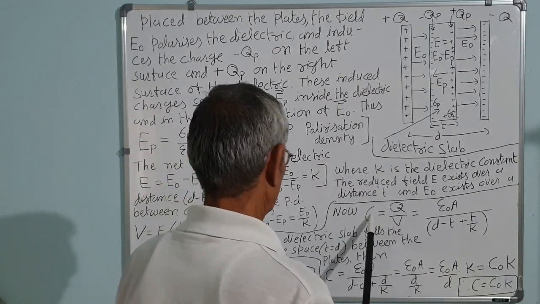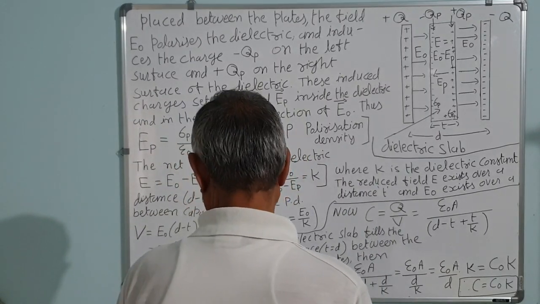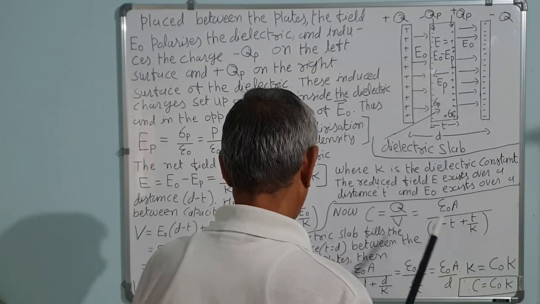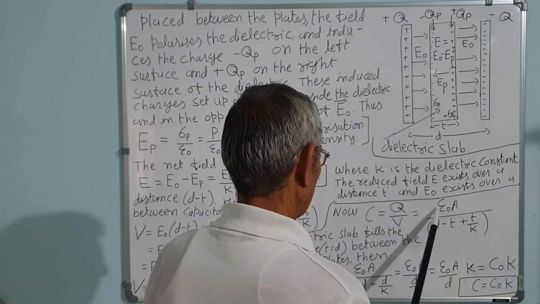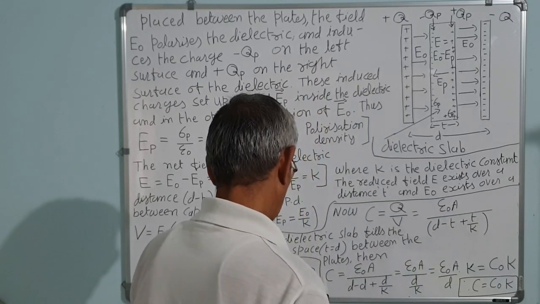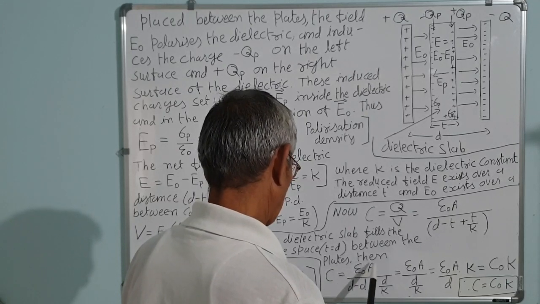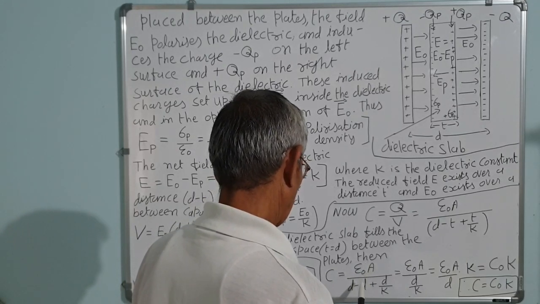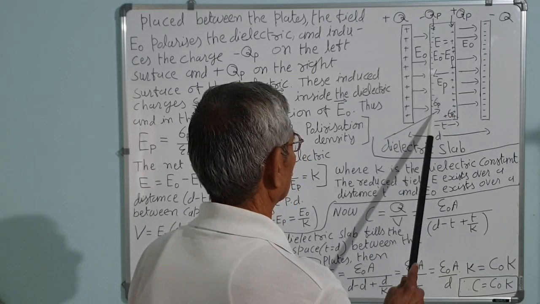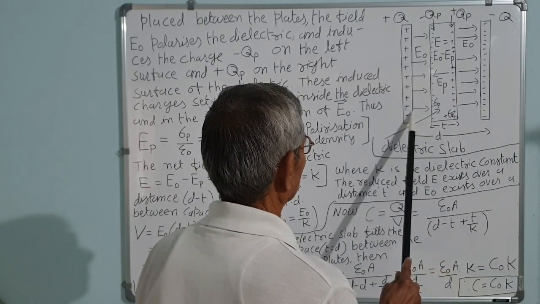Now, capacitance C is equal to Q by V. So this you take on the left side and then change the sides, that is correct, is equal to epsilon 0 A upon D minus T plus T upon K. Therefore, C is equal to epsilon 0 A upon D minus D, that is if D is equal to T, that is the dielectric fills the whole space between the two plates.